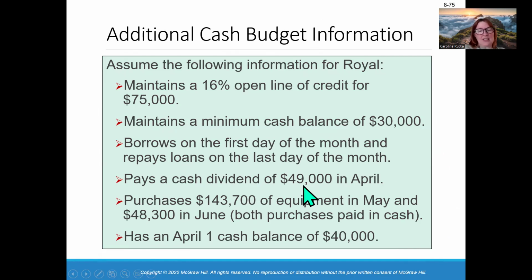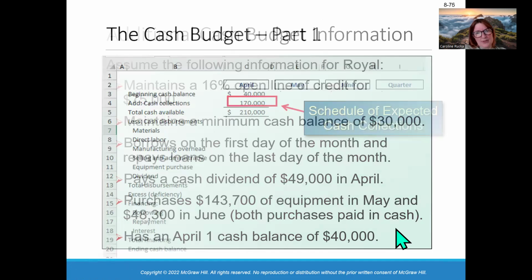They pay a cash dividend of 49,000 in April only. And then they make purchases of 143,700 of equipment in May and 48,300 in June. Both are going to be paid in cash. And in April, the first day of our quarter, we have a cash balance of $40,000.